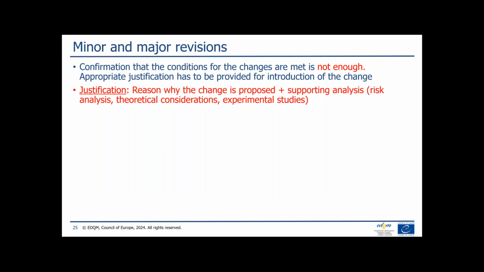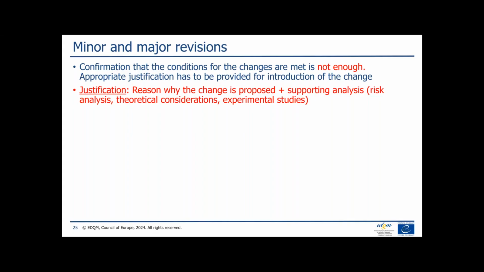Speaking about minor and major revisions, confirmation that the conditions listed in the document are fulfilled is not enough. For minor and major revisions, you should submit appropriate justifications, which should be developed.